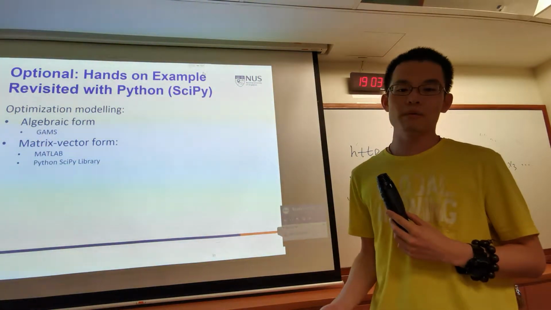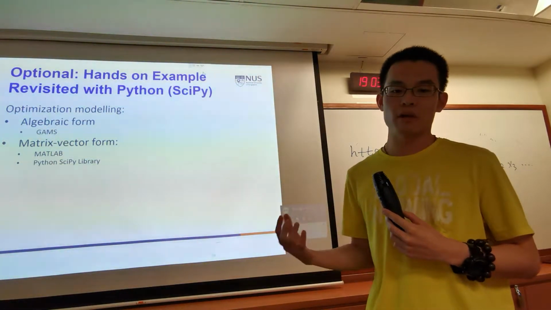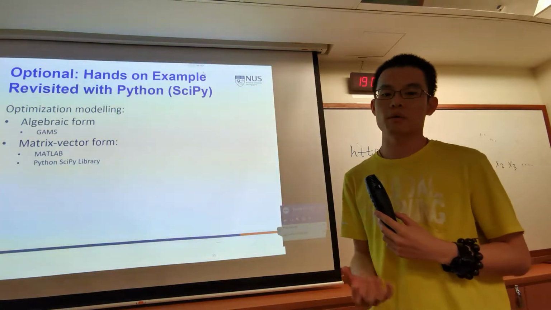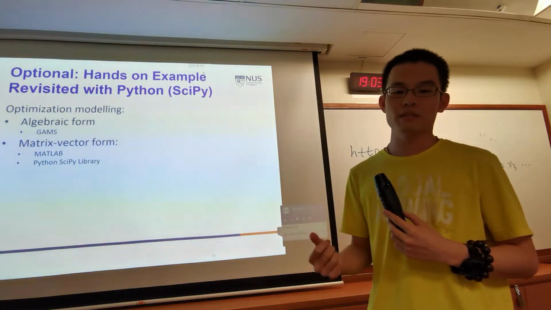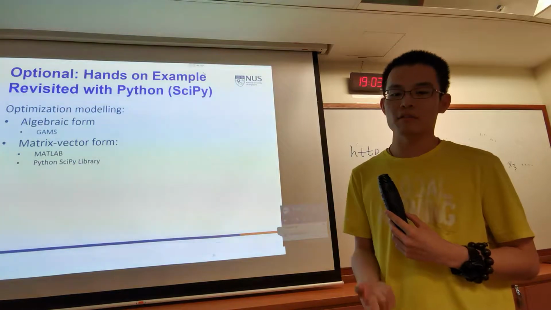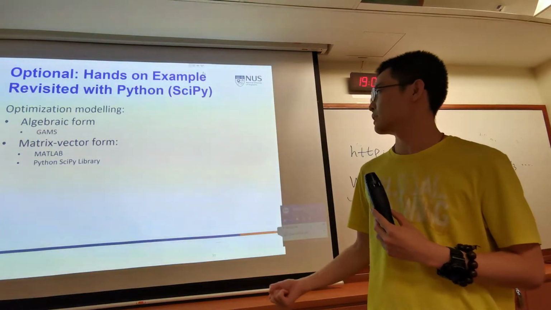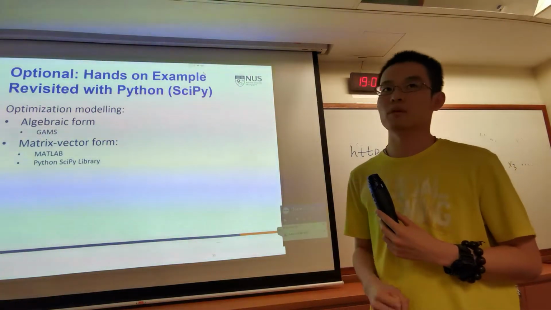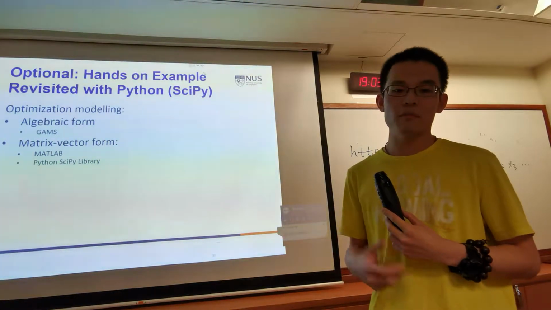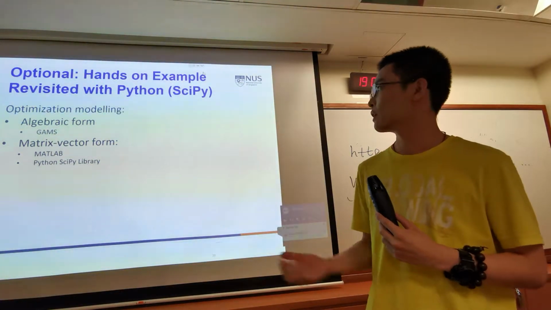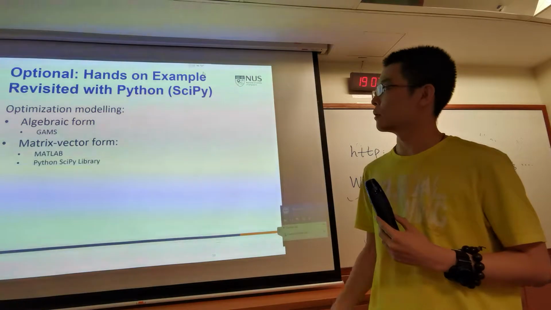When the dimensionality of the problem becomes very large, managing one single set of index, which is the position of the elements in the vector, will be more difficult. If you can define more sets to index over, then the algebraic form is better.